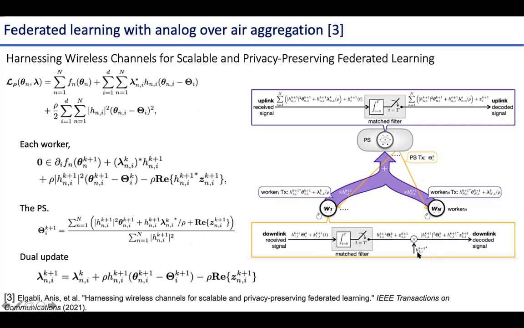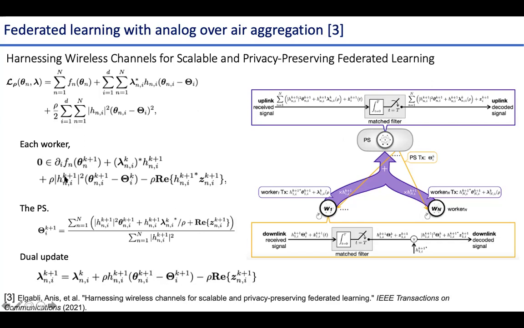So every worker knows H conjugate. By scaling the output of the matched filter with H conjugate, we end up with this quantity, and this quantity is exactly this one. So we can solve this problem very easily, and we can implement analog in uplink and downlink. Then the dual variables are updated according to this equation at the worker side, and the workers have all the information they need to update the dual variables.